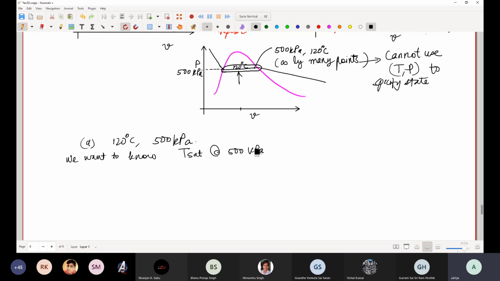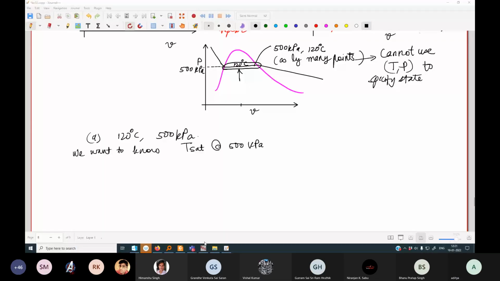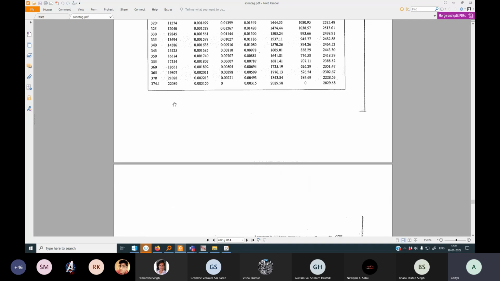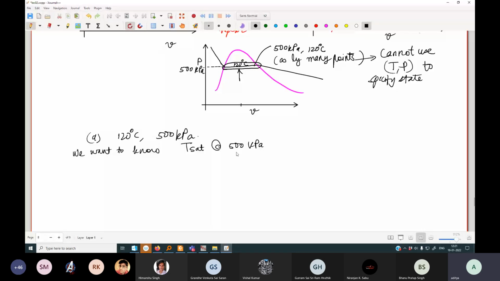So let's see. Let me share my entire screen. Is the screen visible? Yes, sir. All right, excellent. So we have now the saturated water table in front of us. We're looking at determining what the saturation temperature is at 500 kilopascal.